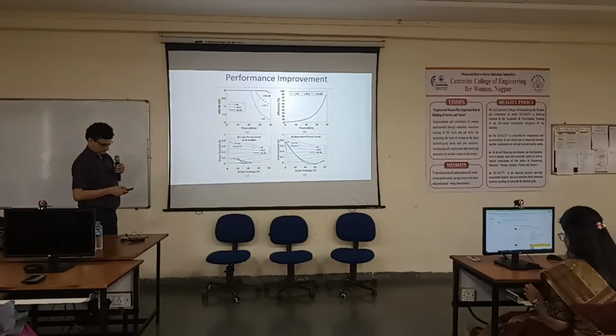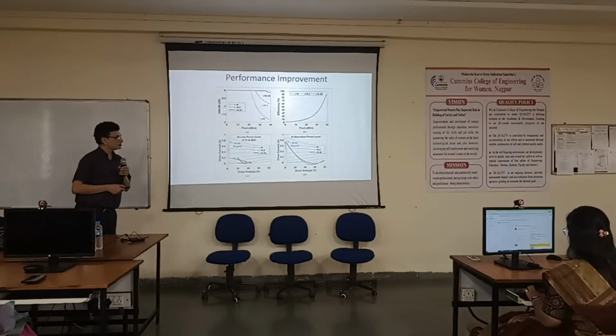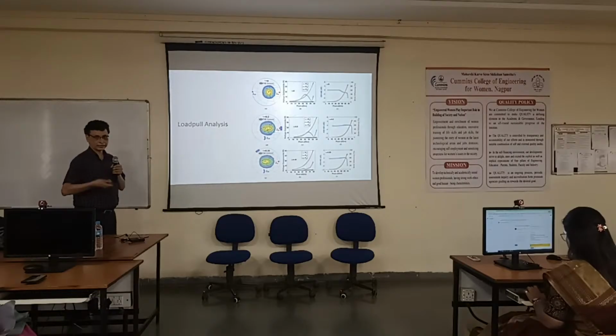You see that this blue line is without any source side non-linearity, and this is now with the source side non-linearity. Once again, in order to validate this, you have to actually make the power amplifier.